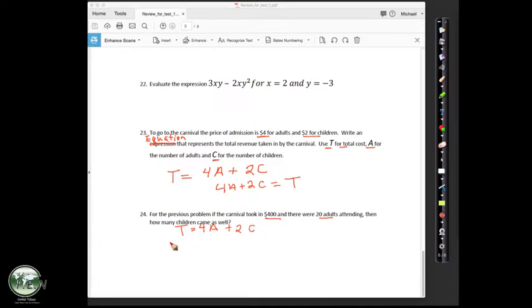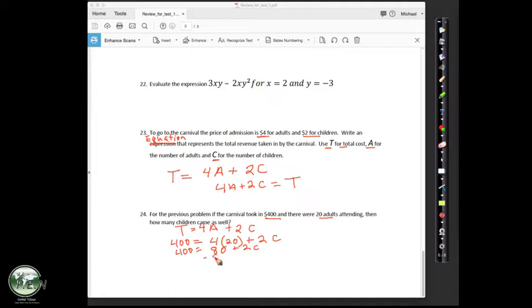So T is 400, so I can put the 400 under the T. We've got 20 adults, so that's going to be 4 times 20 plus 2C. Now I've just got one unknown. I can solve for C, and I'll be able to know how many children are there. So 400, 4 times 20 is $80, plus 2C.